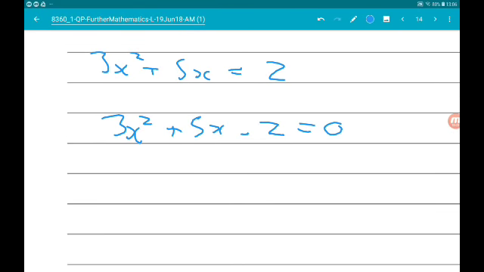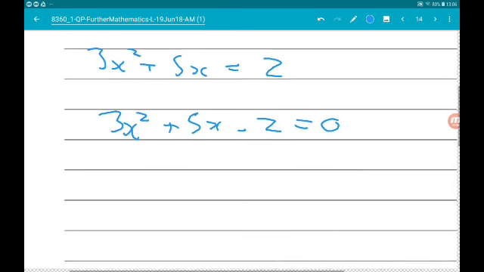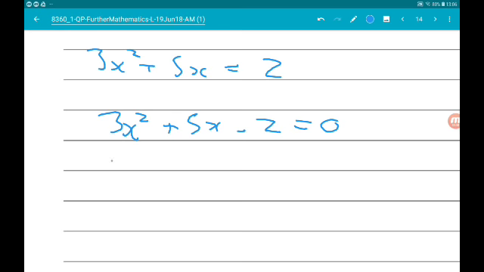Now because this is a non-calculator paper, we're not going to need the quadratic formula or anything horrible like that. Hopefully we can get nice numbers. So let's try factorising. So because we have a 3x squared, we're going to need a 3x and then an x in the other bracket.